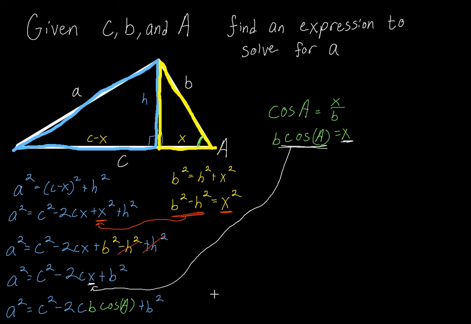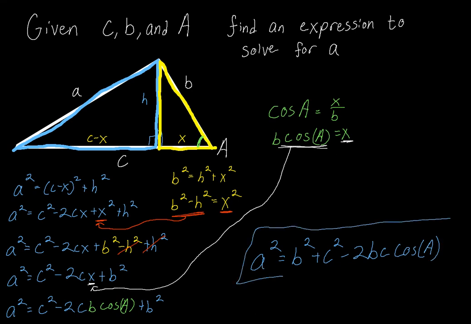Now, I'm going to go ahead and rearrange just a little bit, just so that it's in the standard form that we're used to. A squared is equal to b squared, so I'm going to move this b squared up front, plus c squared minus 2bc cosine of A. So that right there is our derivation, or our proof, of the law of cosines.